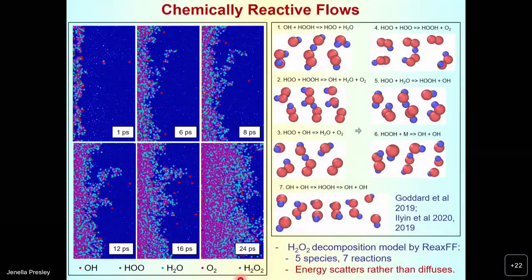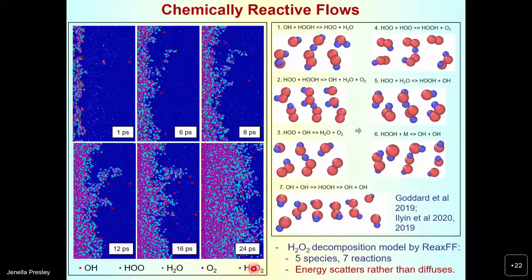However, these reactive force field simulations illustrate that when the chemical process is as simple as the decomposition of hydrogen peroxide, one may observe 5 different species and 7 different reactions, each coming with a particular specific reaction zone. So the chemically reactive processes, which form the interfaces, might be more complex than we traditionally think about them at macroscopic continuum scales.